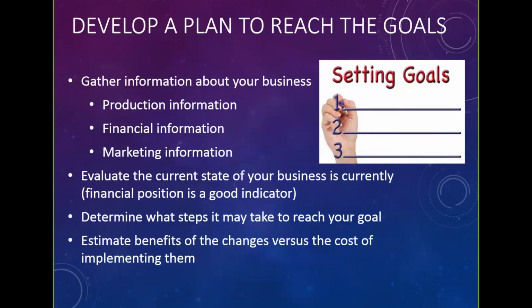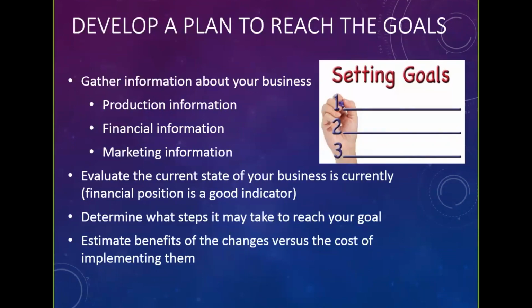So if you are raising, let's say, oysters, and you want to switch to mussels, the cost might not be that big of an impediment to implement that change, and you might get some benefit.